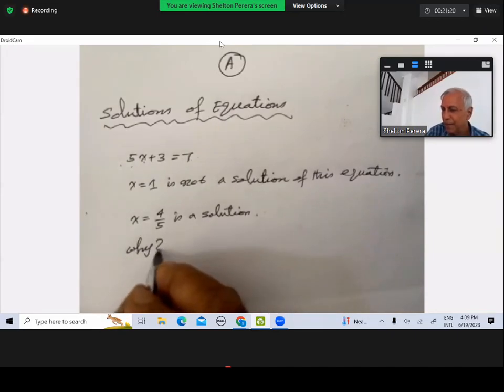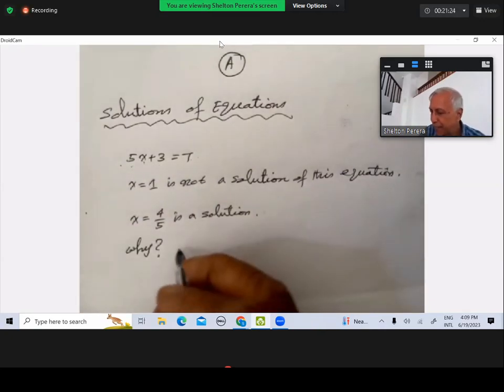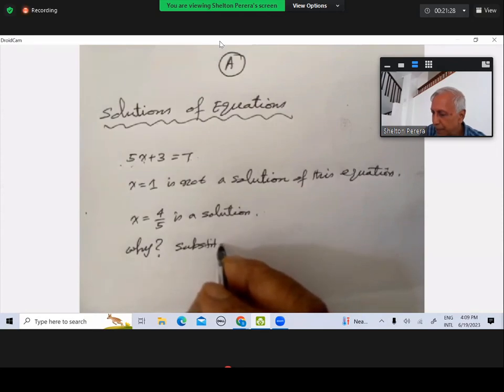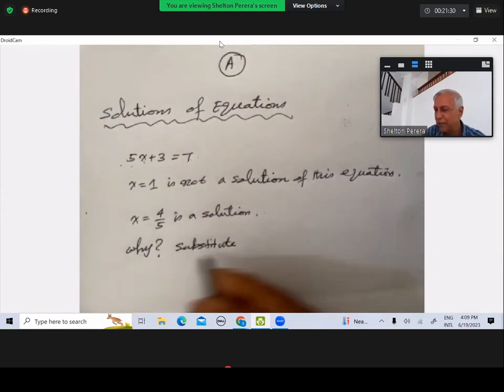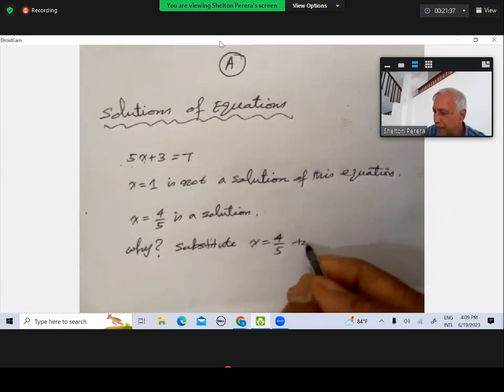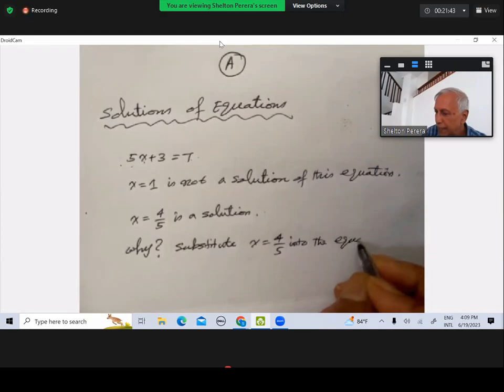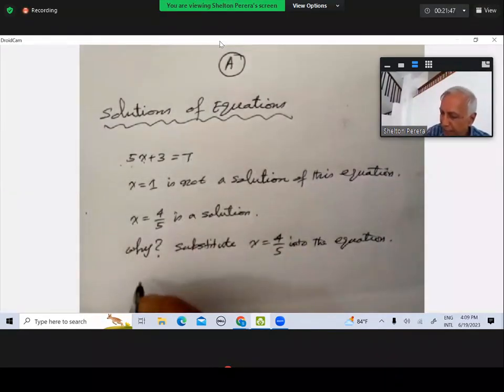When we substitute x equals 4 over 5 into the equation, meaning we just put that value in, what will happen?